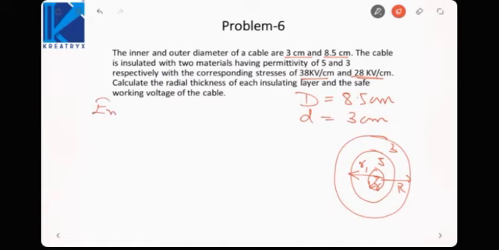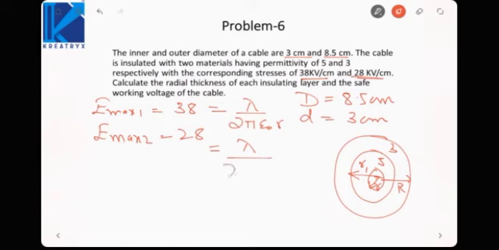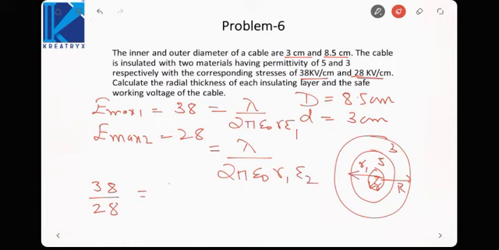So Emax1 will be 38, Emax2 will be 28. We know the maximum electric field occurs at the inner surface of the insulator. So this will be lambda by 2 pi epsilon naught epsilon 1 r. This will be lambda by 2 pi epsilon naught epsilon 2 r1. So if we take 38 by 28, and here we have to take epsilon 1, epsilon 2. If we take the ratio, it will be r1 epsilon 2 over r epsilon 1.